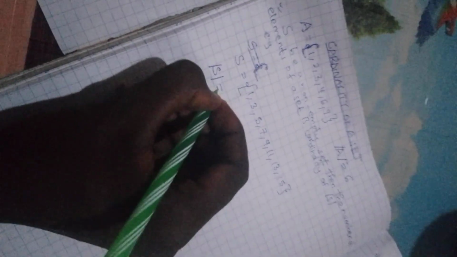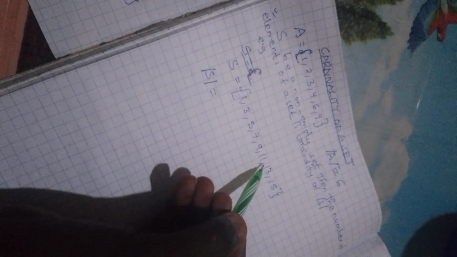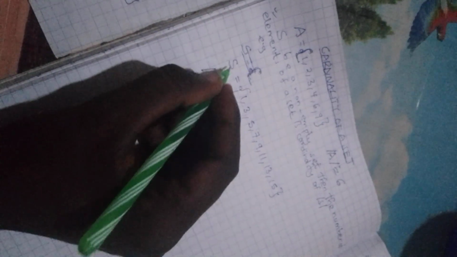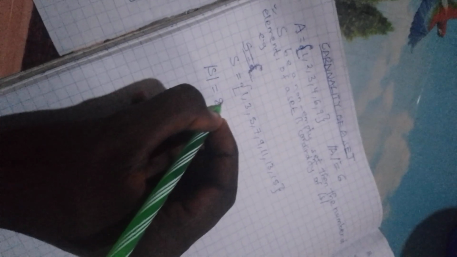How can we know the cardinality of this set S? Cardinality is represented by the slash. Let's count together: 1, 2, 3, 4, 5, 6, 7, 8. So the cardinality of this set S is 8.